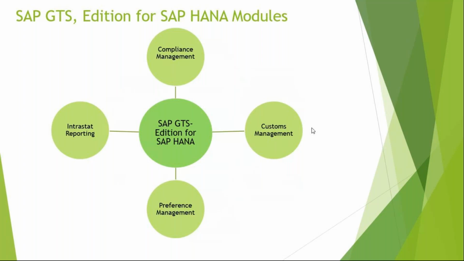Now SAP has removed the other two modules, which are letter of credit and restitution, because the letter of credit solutioning will be done by another module, which is called SAP Treasury and Risk Management. And they also removed functionality of restitution. So as part of risk management, now we have the third module called preference management, right? And yes, the fourth one is Intrastat reporting, which was part of electronic compliance reporting.